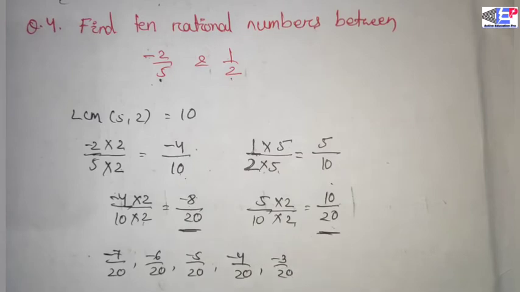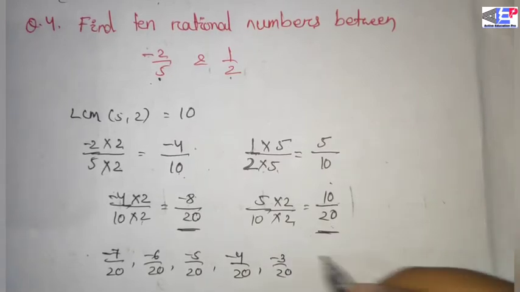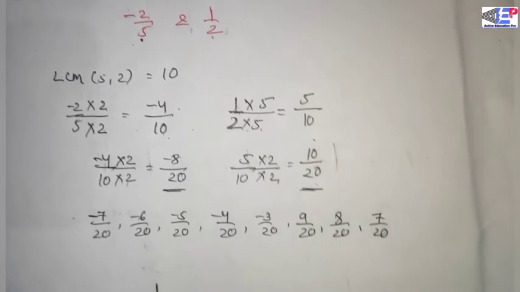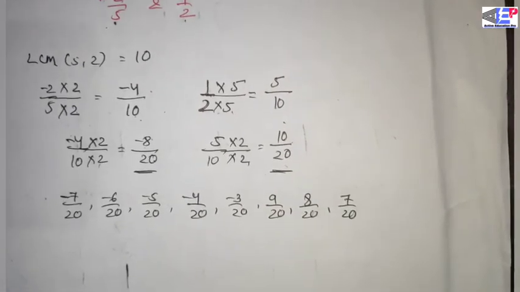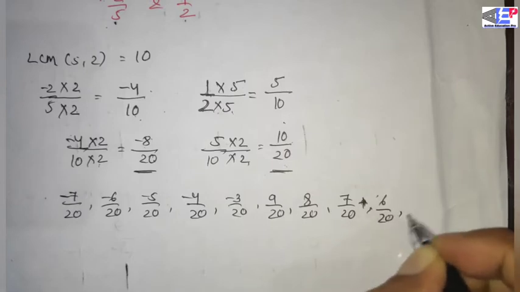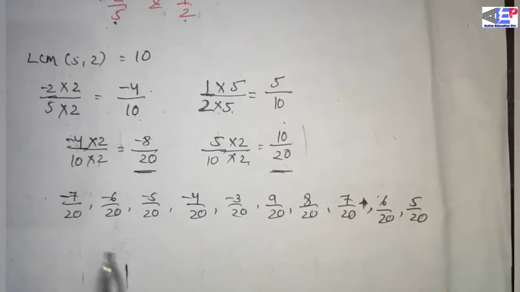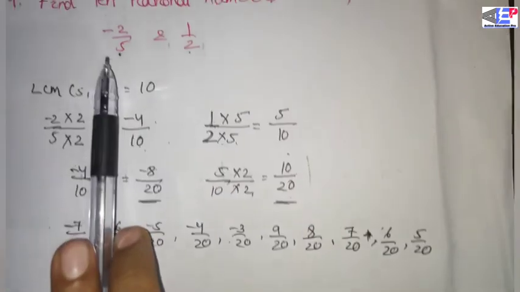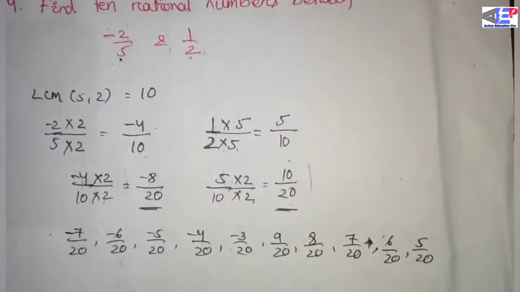You can also write positive rational numbers up to 10 by 20, meaning 9 by 20, 8 by 20, 7 by 20, 6 by 20, 5 by 20. Counting 1, 2, 3, 4, 5, 6, 7, 8, 9, 10, already done. These are 10 rational numbers between minus 2 by 5 and 1 by 2.